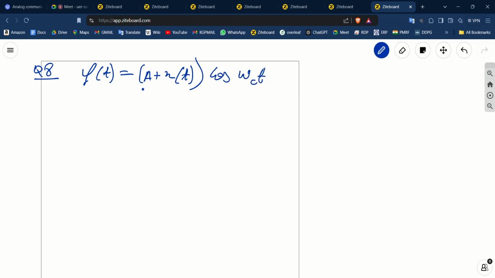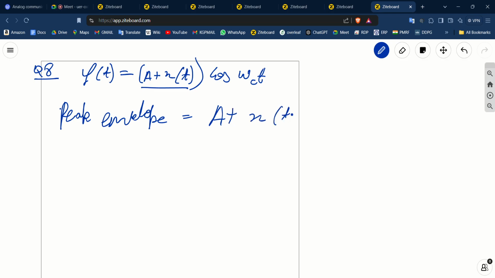So the amplitude is this. So the peak envelope is achieved when A plus x(t) is max.